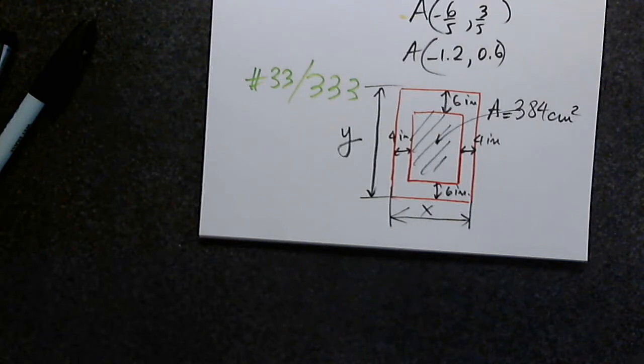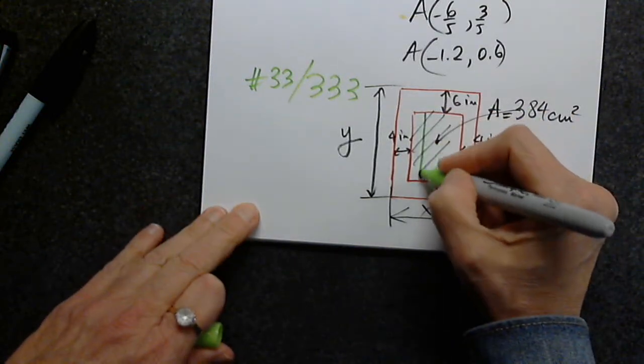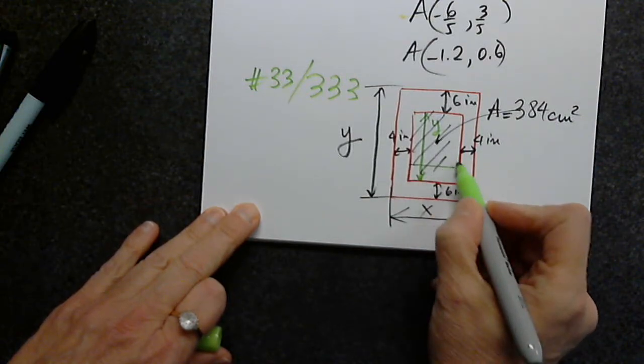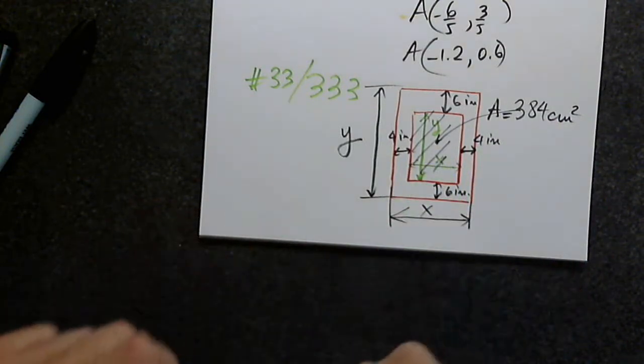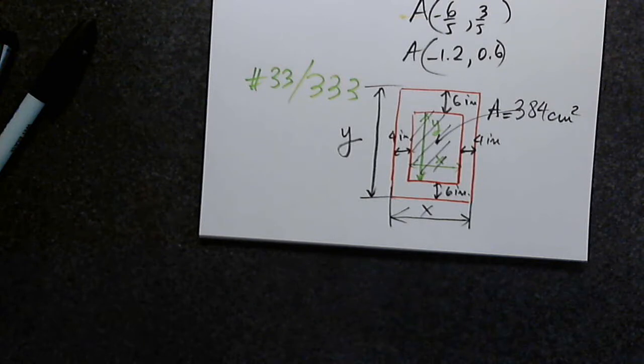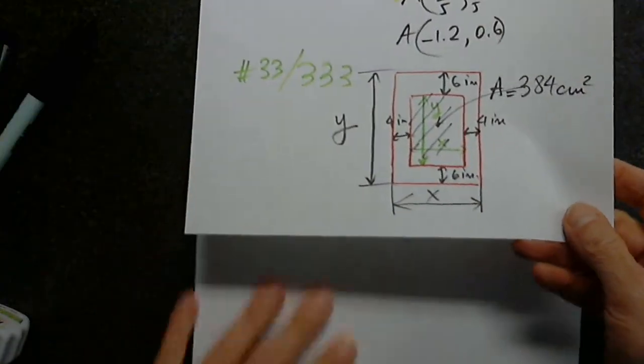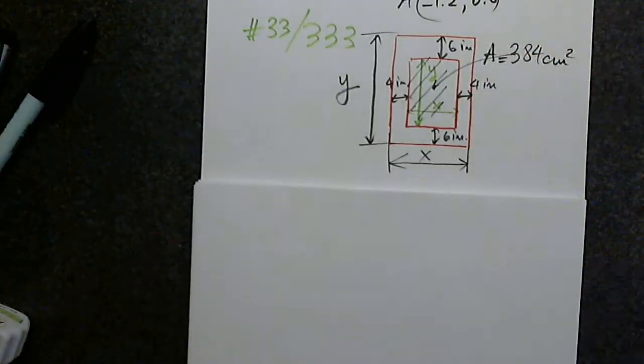Or maybe better is to denote this by y and this by x. We'll see in a minute. So let's read the problem one more time.